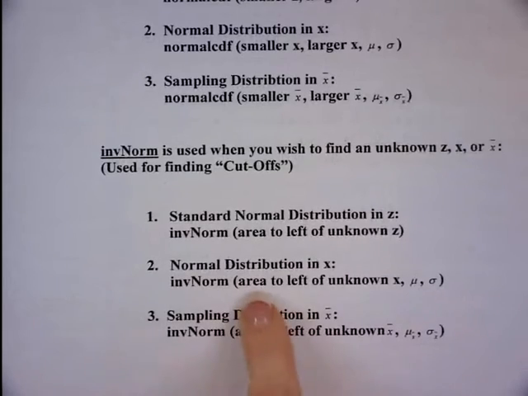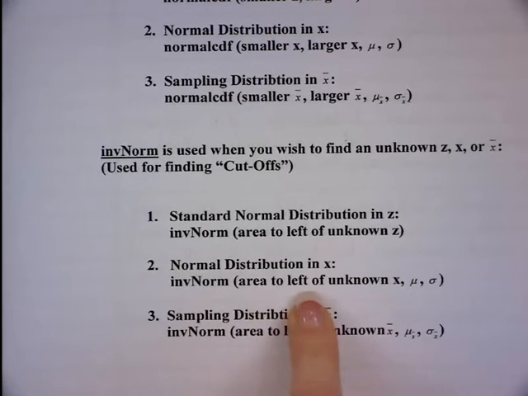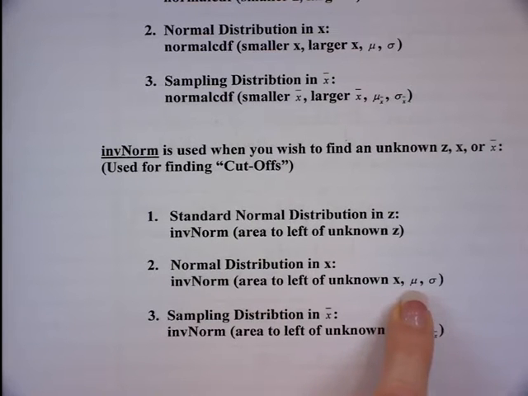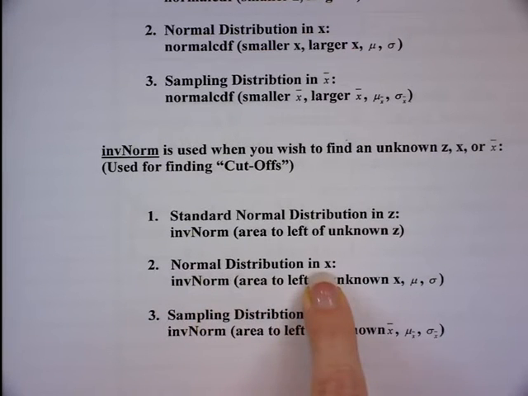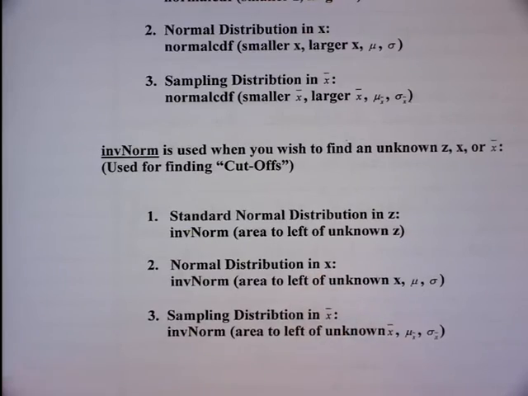And then if you're finding a cutoff on the x-axis, an unknown cutoff, then you put in the area below the unknown x, the mean, and the standard deviation. So I will show you how to use normal CDF and inverse norm for a normal distribution in variable x. So both of those commands are going to be very handy.